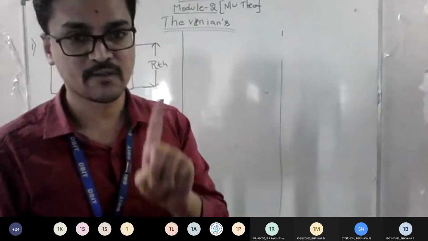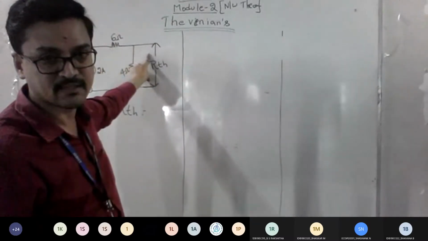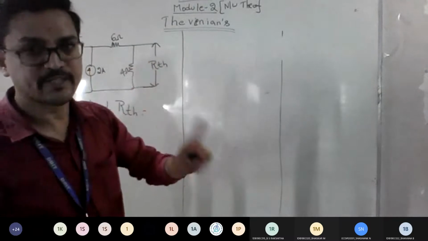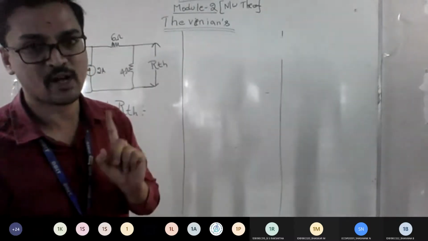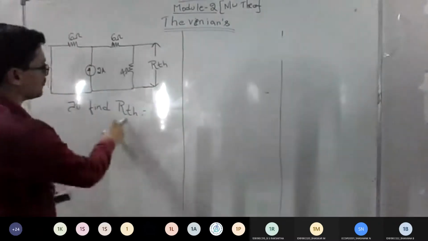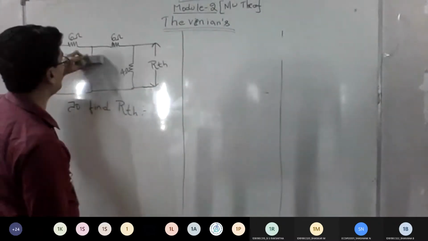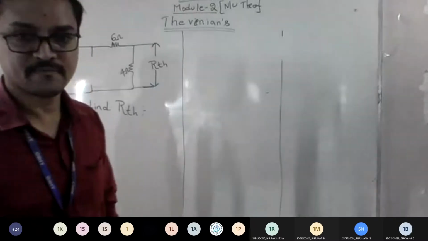First thing is remove the load and mark it as RTH. Then wherever a voltage source is there, short circuit it. Wherever a current source is there, open circuit it. So this is the logic. Now to find RTH, the 12 volt becomes short and this 2 amp becomes an open path. Correct? Is it fine here?